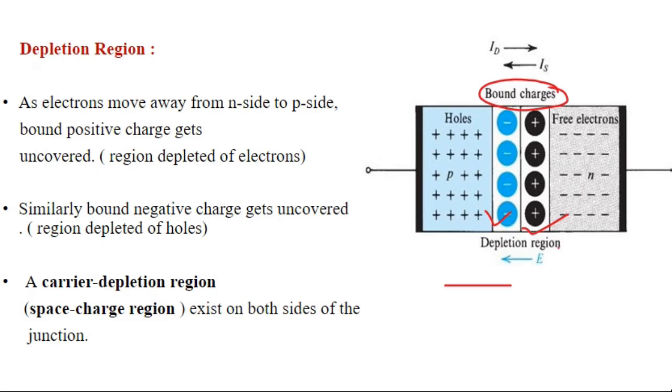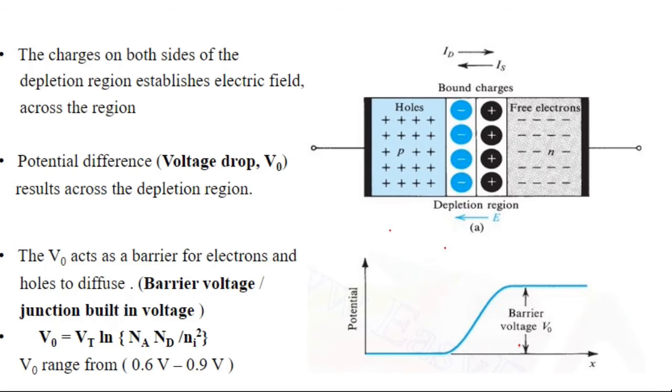This region cannot conduct anymore because it is devoid of free charges, free carriers. So this region is known as the depletion region, which exists on both sides of the junction, and which restricts the further flow of holes and electrons from P-type and N-type respectively.